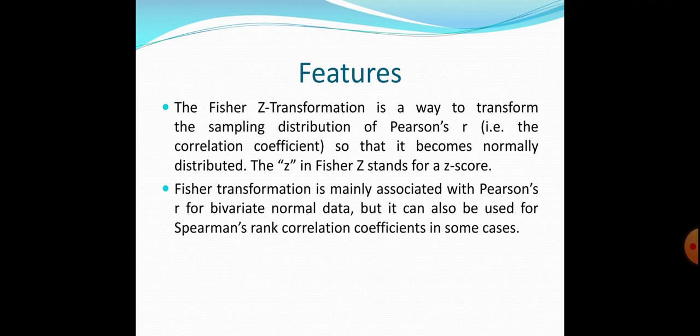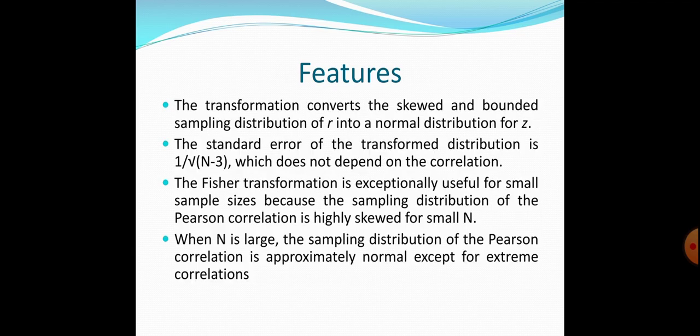Mostly it is used for Pearson's coefficient of correlation, but in some cases it can be used for the Spearman rank correlation. The transformation converts the skewed and bounded sampling distribution of r into a normal distribution for Z. The standard error of the transformed distribution is 1 divided by square root of n minus 3, which doesn't depend on the correlation.